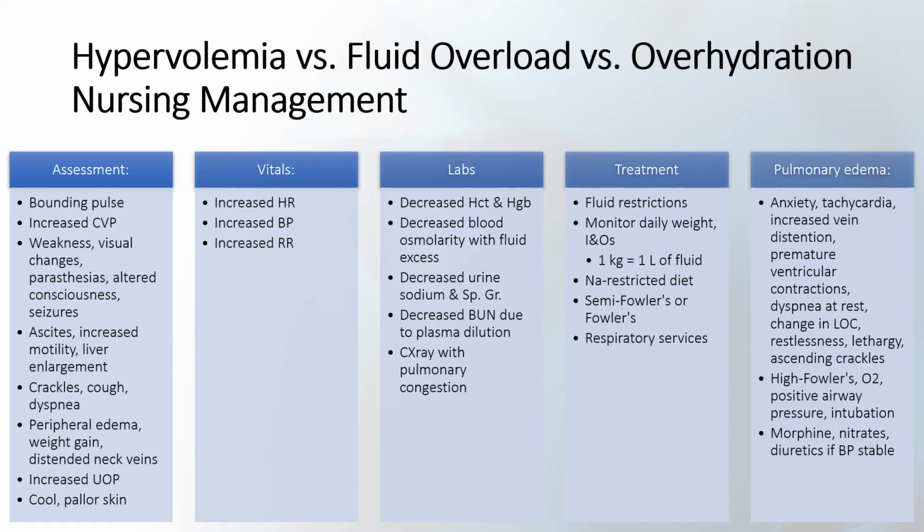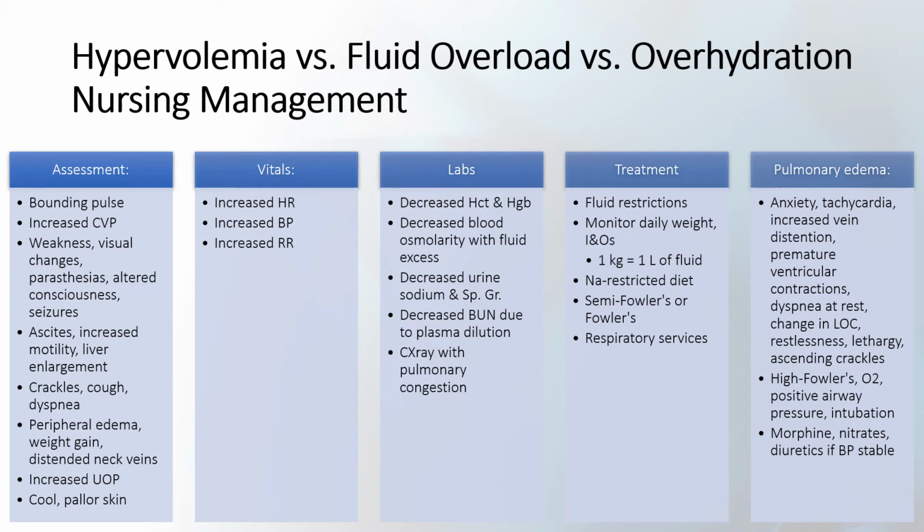Distended neck veins, because we have so much fluid pushing on our veins. As a result, our kidneys, if they're working, are going to kick out extra urine, so we're going to have an increase in urinary output, and their skin may be cool and pale.